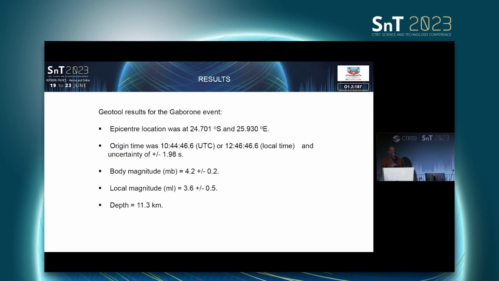Local time there is plus 2 hours GMT, so it's 12:44:46.6. The uncertainty is plus or minus 1.98 seconds. The body magnitude, mb, 4.2, plus or minus 0.2. Local magnitude, 3.6, plus or minus 0.5. Depth, 11.3 kilometers.